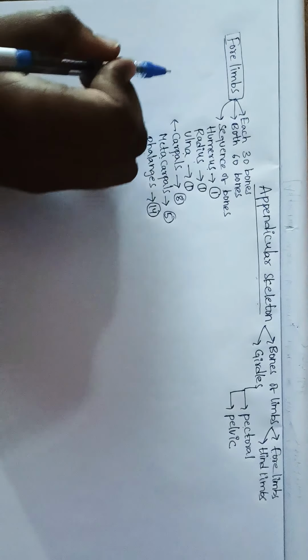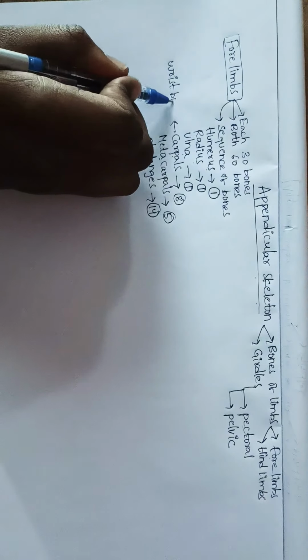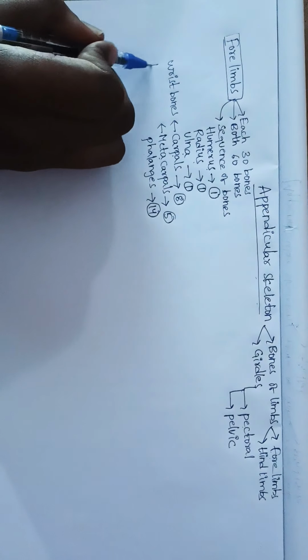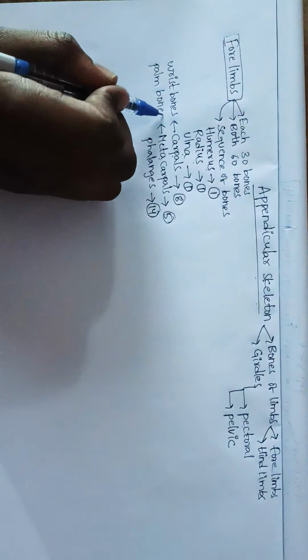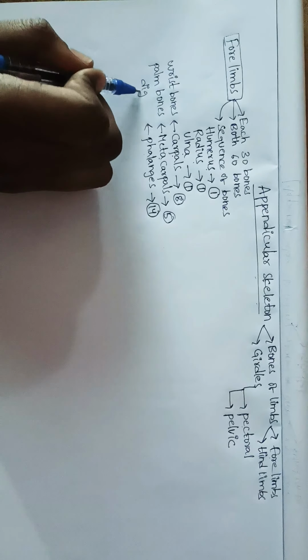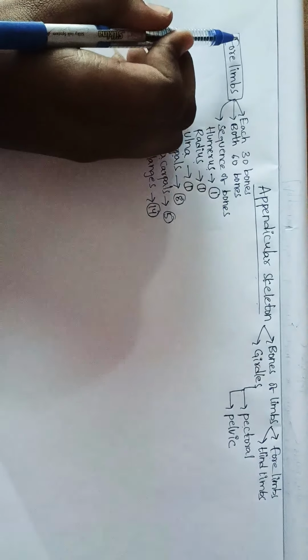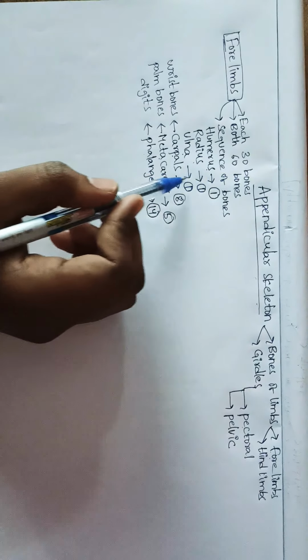Carpals are also called wrist bones. Metacarpals are also called palm bones. Phalanges are also called digits. These are the points of forelimbs.